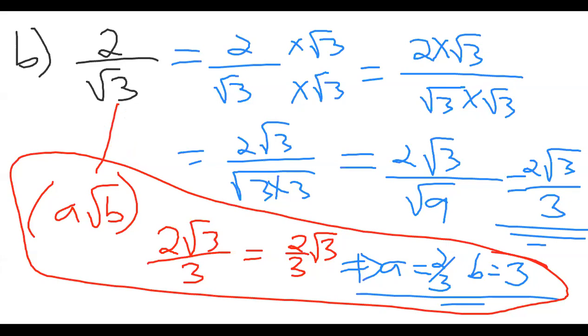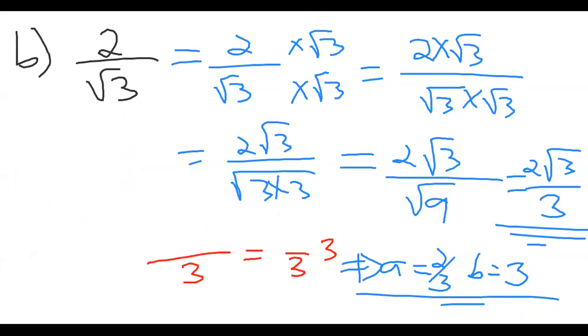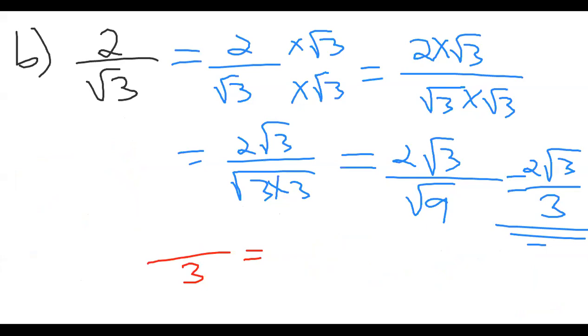Okay, let's have part C. A different one. So maybe the last example, I guess. Part C says 2 out of root 3 plus 1.